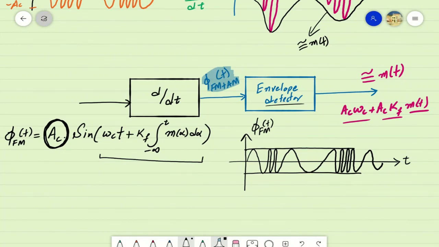That is, a constant value AC along both positive and negative vertical axis, whereas practically various reasons can cause some variations in the peak amplitude of this frequency modulated signal.